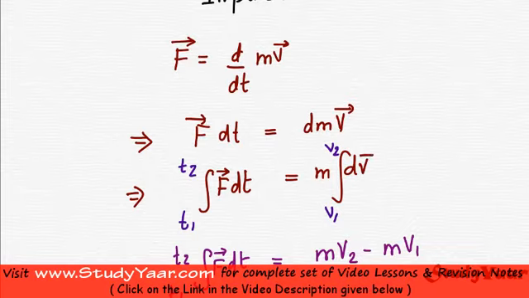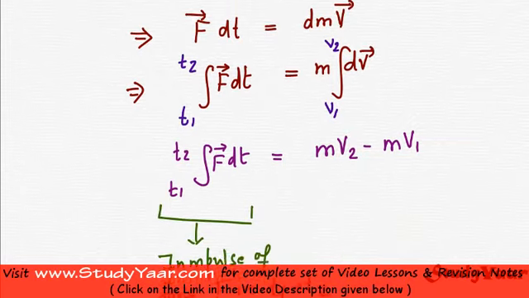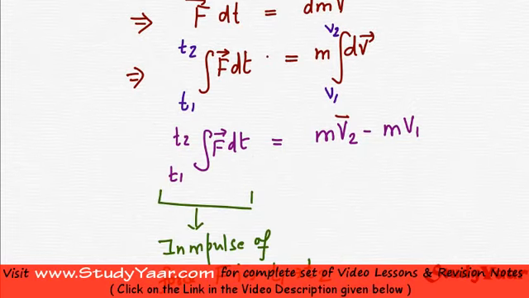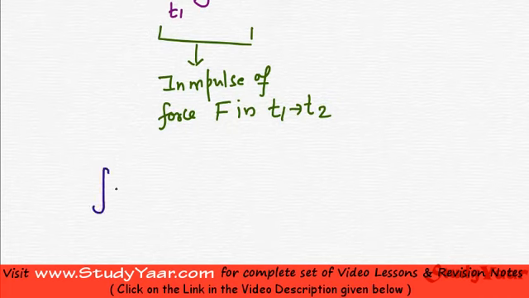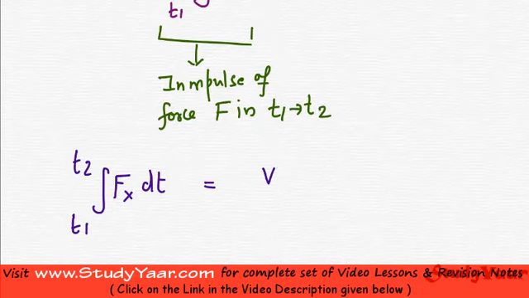If I represent my force and velocity as components in x and y direction, my impulse in x direction from t1 to t2 is equal to my change in momentum in x direction, so m v2x minus m v1x.